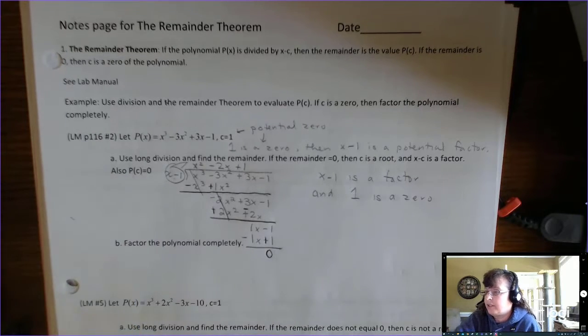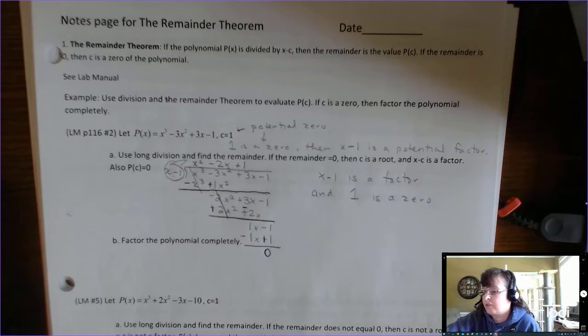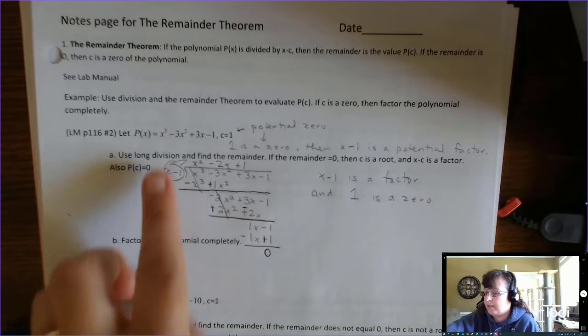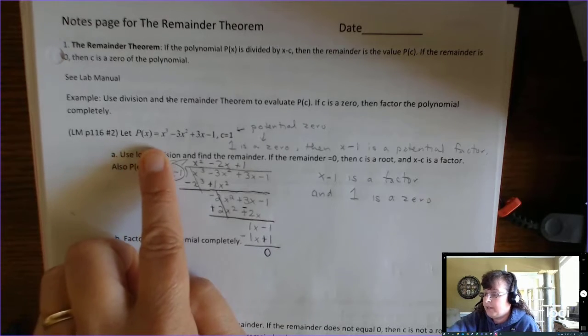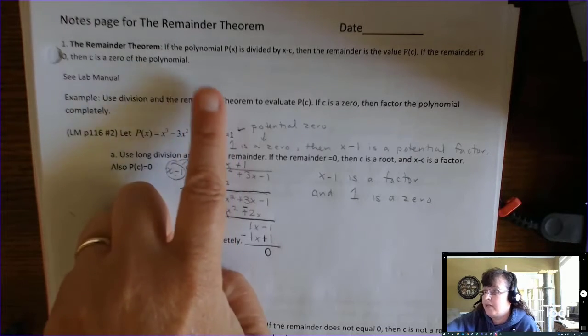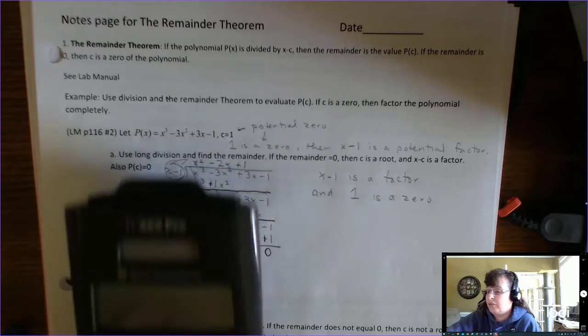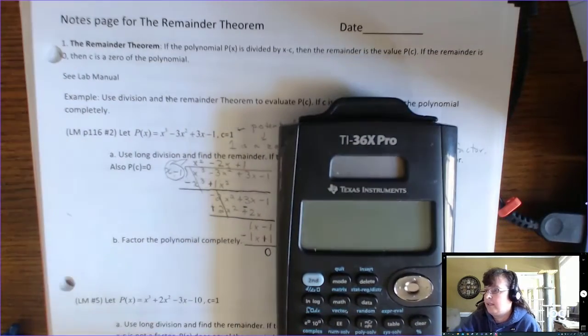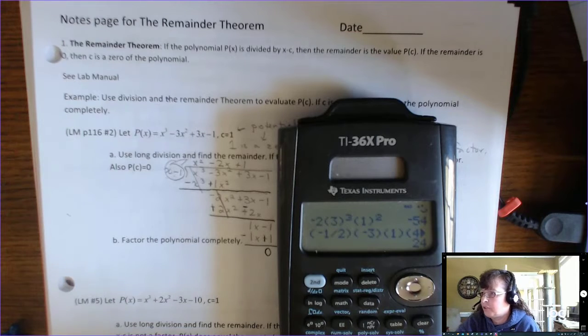Let's really look at what the remainder theorem says, because there's a quicker way to do that than long division. Okay, so let's start over at the beginning. Let p of x equal this, and c equals 1 is a potential 0. The remainder theorem basically says all you have to do is plug 1 in to the function. So that would be parentheses 1, and it's being cubed, and then minus 3 parentheses 1 squared, and then plus 3 parentheses 1 minus 1.